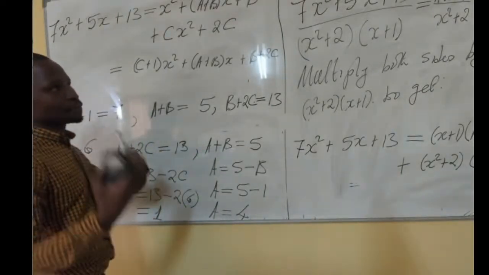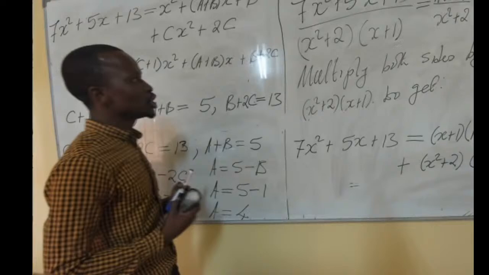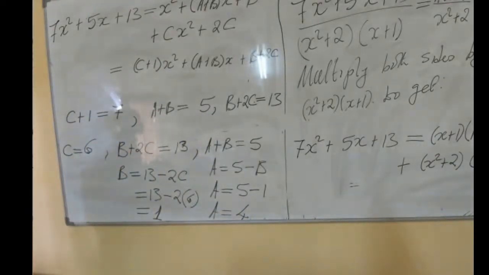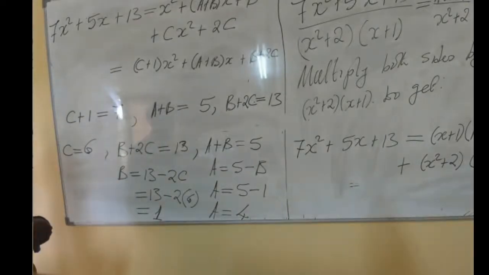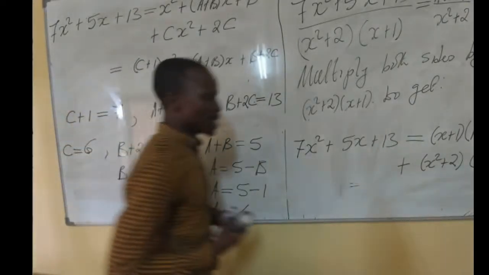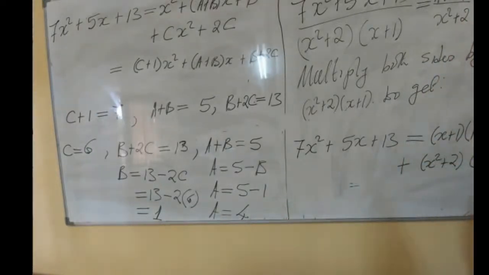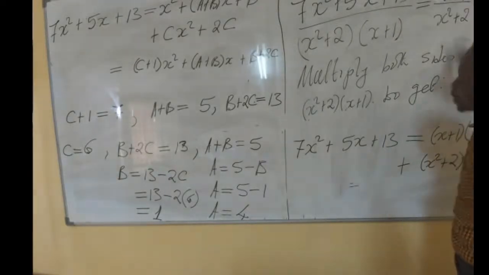in partial fraction form, the rational function 7x squared plus 5x plus 13, divided by x squared plus 2 times x plus 1, is equal to, remember, we wrote it as ax plus b over x squared plus 2 plus c over x plus 1. We substitute a, we substitute 4 here.